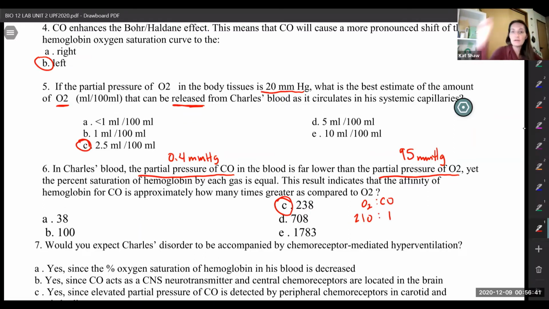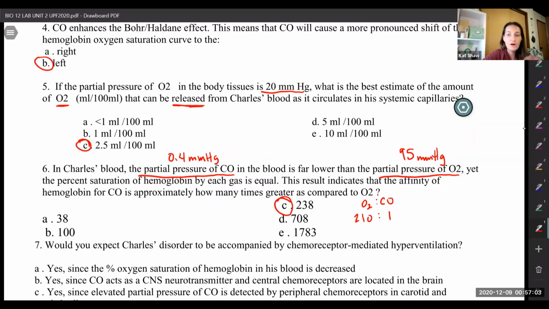For every one CO molecule attempting to bind to a hemoglobin binding site, we have 210 oxygen molecules. And there is a 50-50 chance that either that one CO or one of those 210 oxygen molecules will bind to that site.